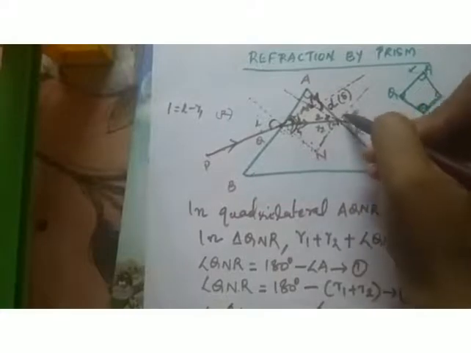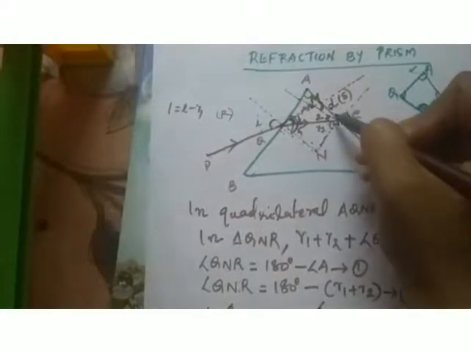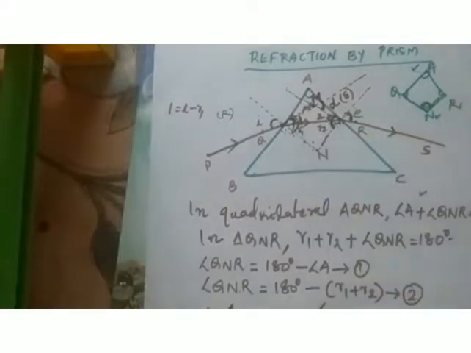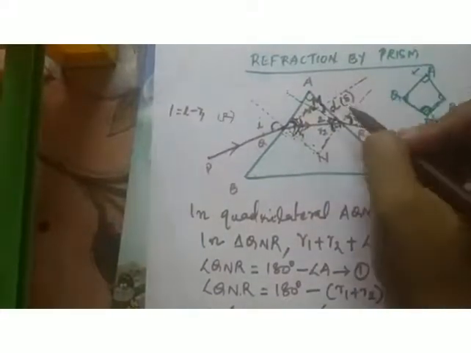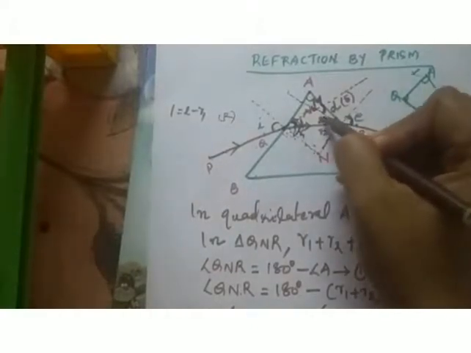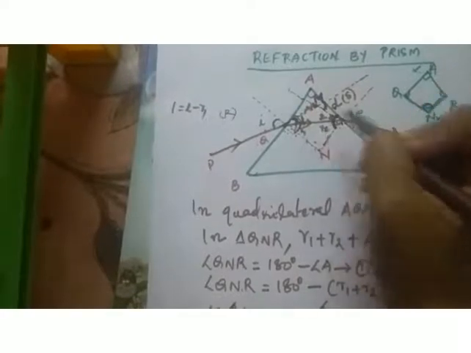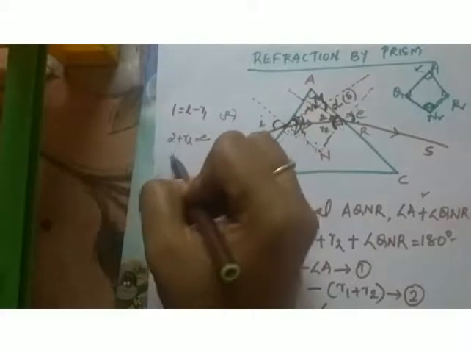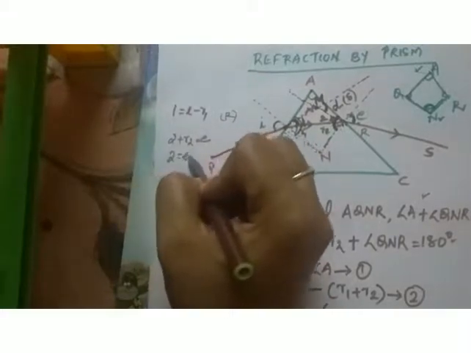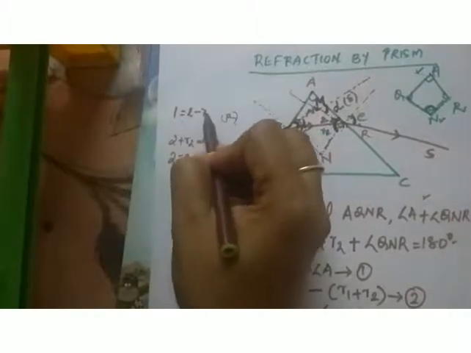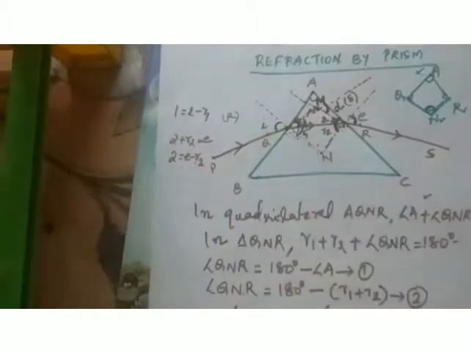And similarly here, this angle is E. So this whole angle will be equal to E. That is opposite angles, so opposite angles will be equal. So if this is E, then this angle will be E. That means 2 plus R2 will be equal to E. If 2 plus R2 is equal to E, then what is 2? 2 is equal to E minus R2.